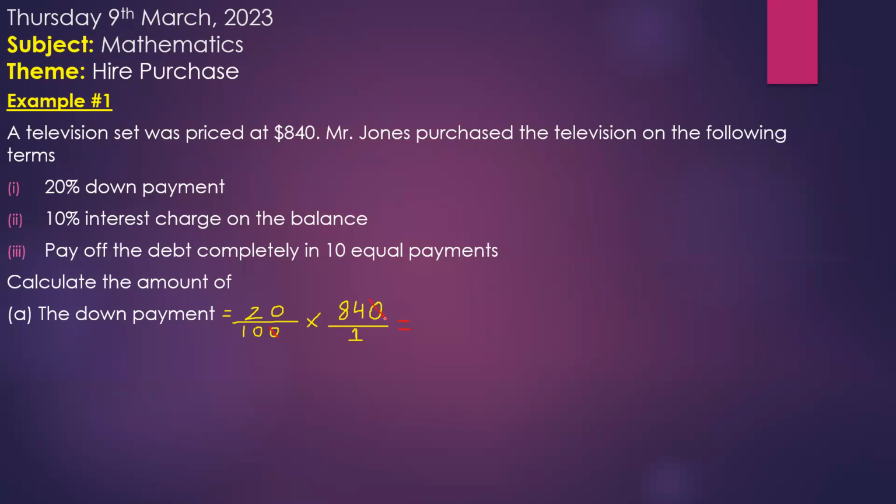Is that the only zeros we could cancel out? The top zeros, the 20 and the 10. 20 and the 10, very good. So this zero is going to cancel with that zero. So we'll be left with just what? 2 times 84.